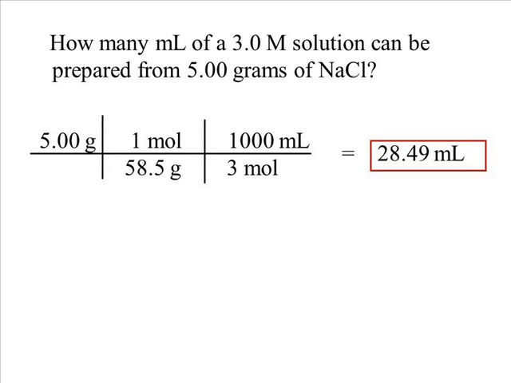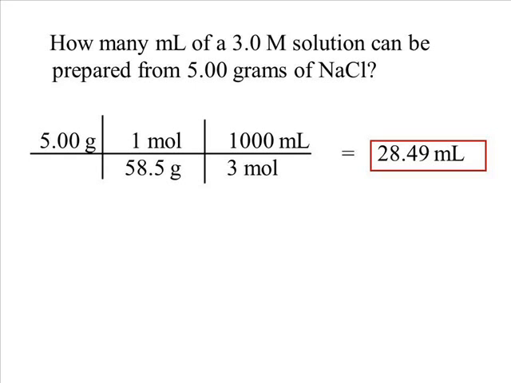How many milliliters of a 3 molar solution can be prepared from 5 grams of sodium chloride? Starting with the 5 grams of sodium chloride that you have, use the molar mass to convert it to moles, and then your final conversion is the molarity that you want to make.